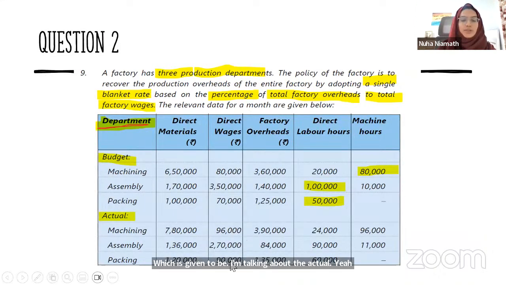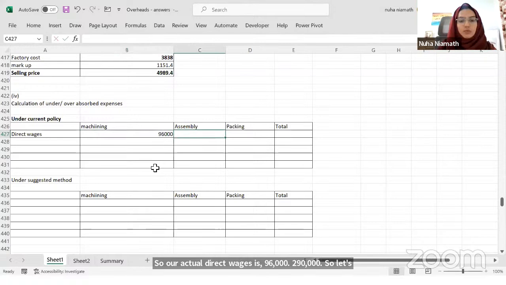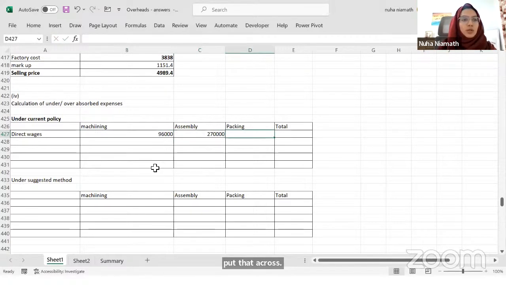So we have the direct wages because overheads will be absorbed on the actual wages. We calculated on the budgeted amounts, but we will always absorb it on the actuals. So our actual direct wages is 96,000, 270,000, and 90,000. So let's put that across. 96,000, 270,000, and the packing of 90,000.